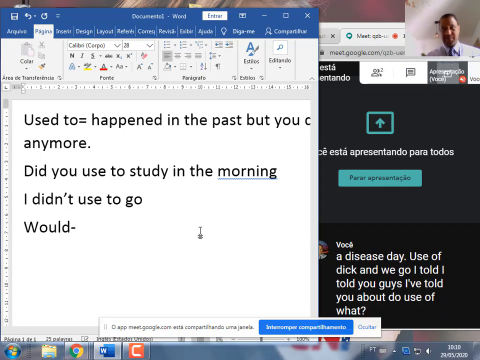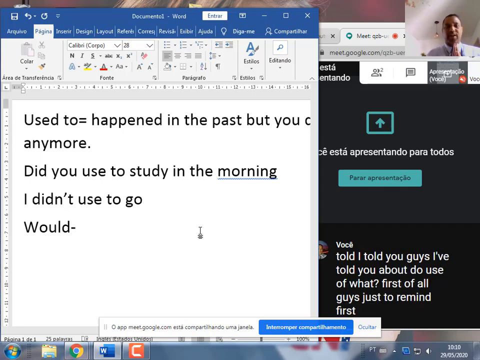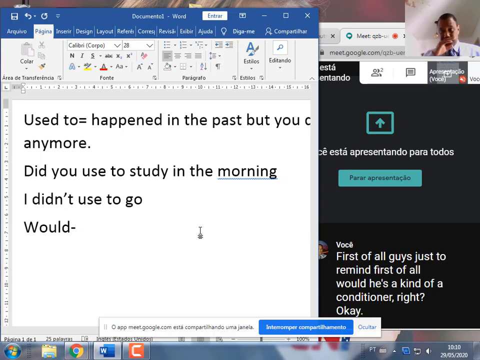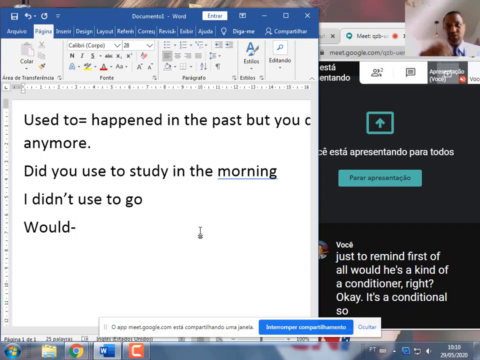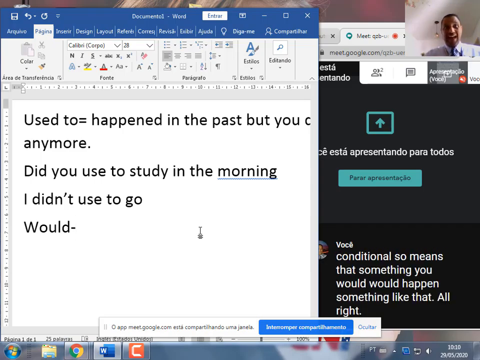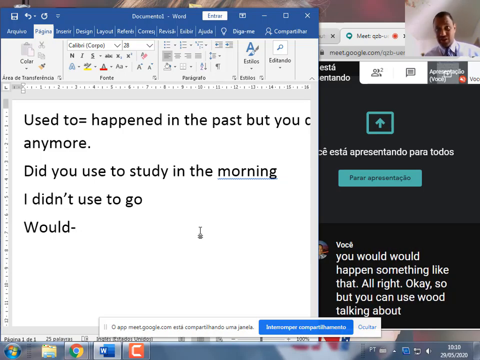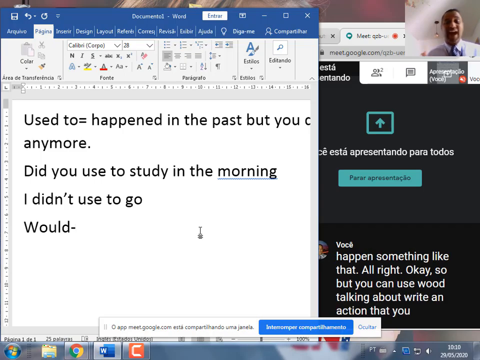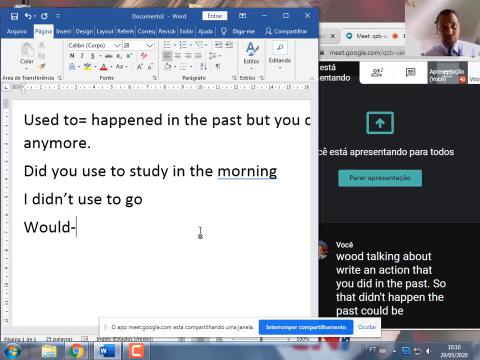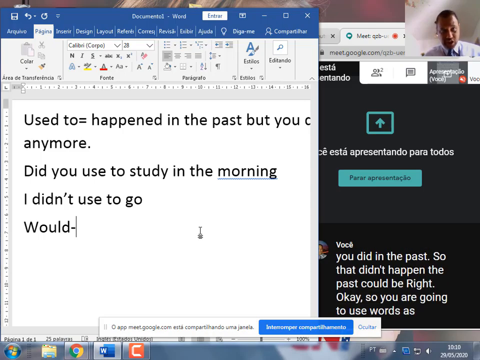First of all, to remind you, "would" is a kind of conditional. It means that something would happen. But you can use "would" to talk about an action that you did in the past or that didn't happen in the past. So you are going to use "would" as well in this case.